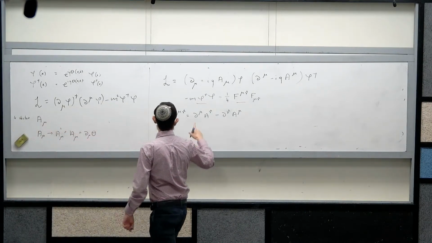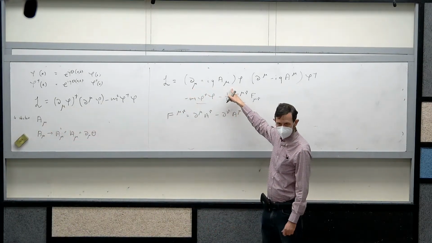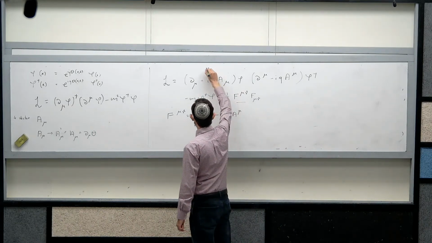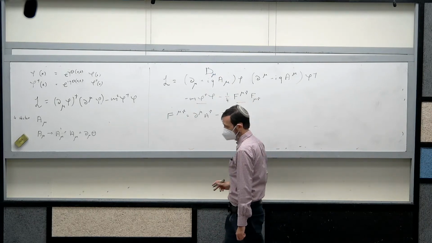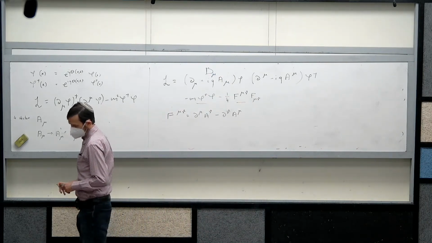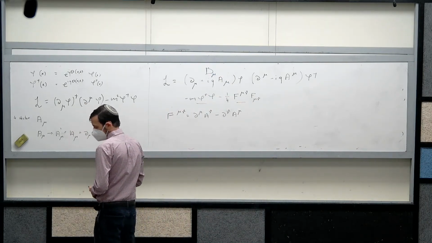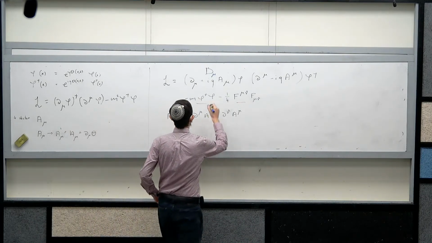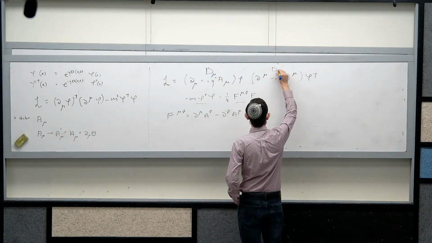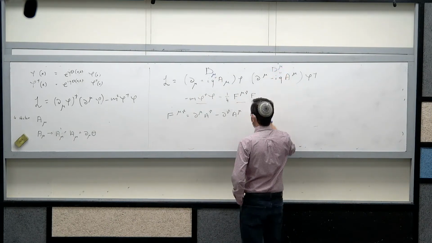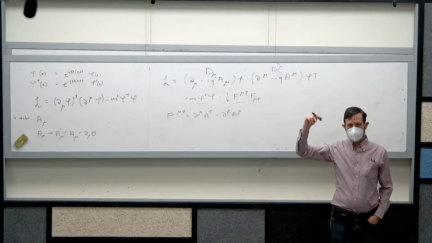Instead of writing this whole thing each time, it's sometimes written d mu and d. And here you get the first clue.